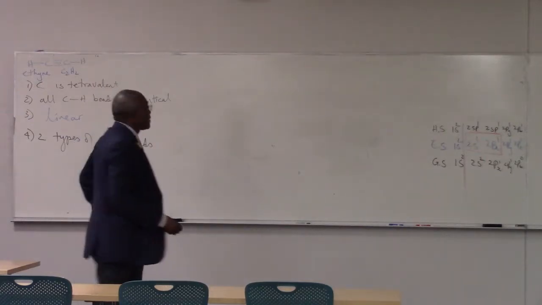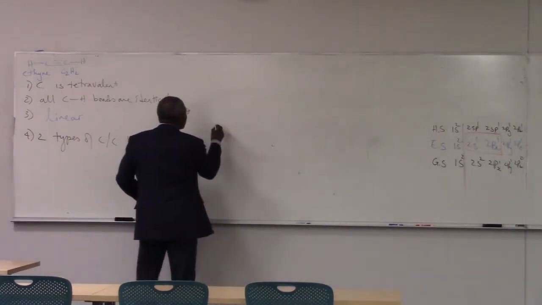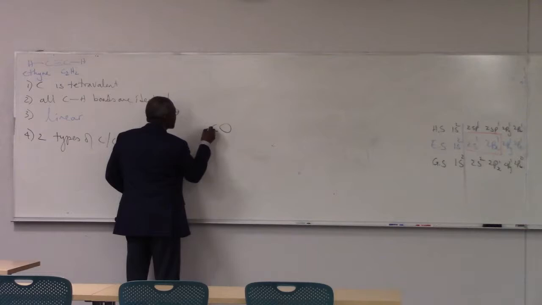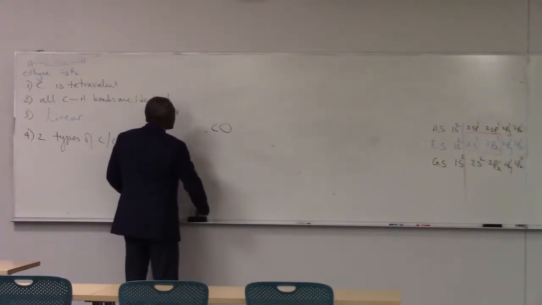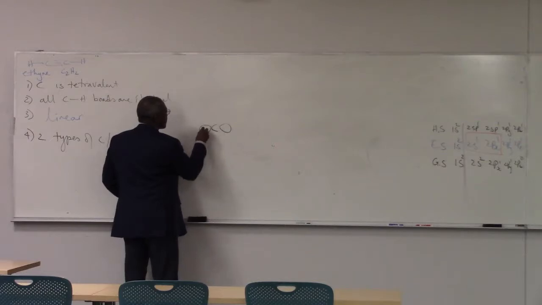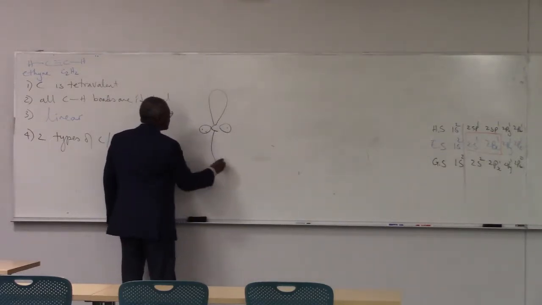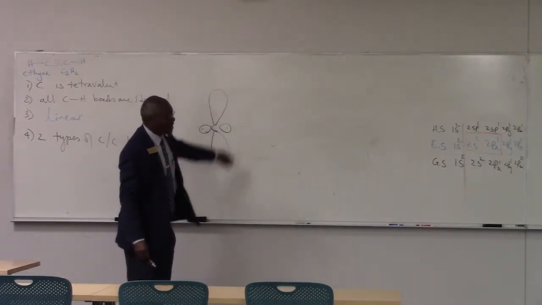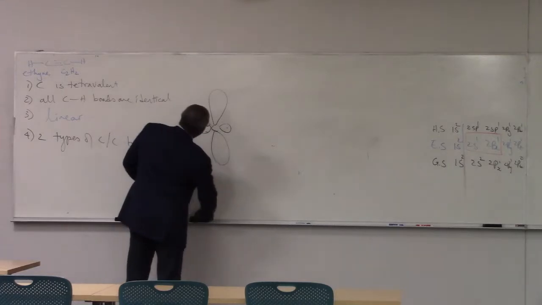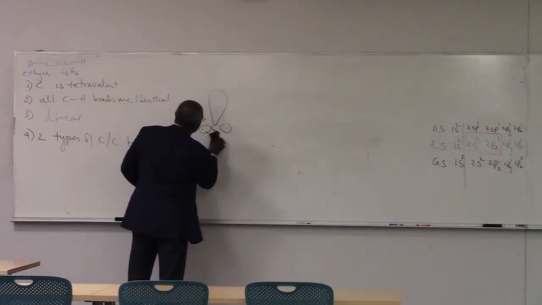So what do I get? I get a carbon with 2 sp hybrids, each having one electron. A p orbital in this case the y axis, looks weird.